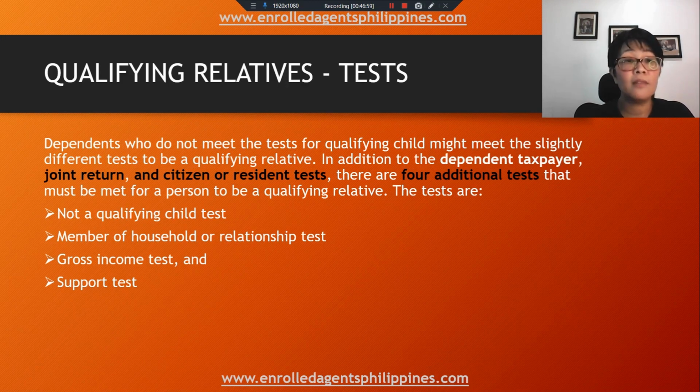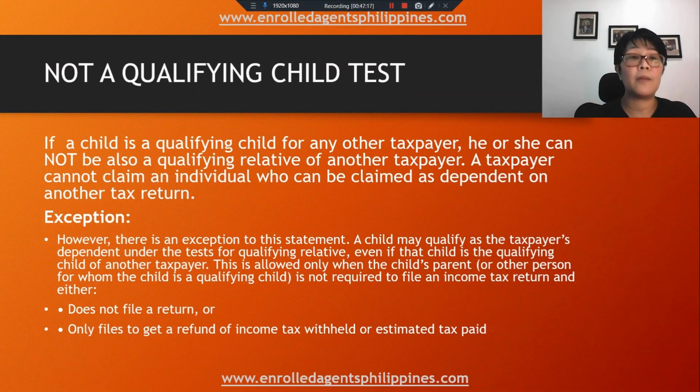So number 1, not a qualifying child test. No? So, kung pumasa siya doon, hindi siya qualifying relative. Qualifying child ang definition natin sa kanya. Okay? Member of household or relationship test, gross income test, and support test. Okay. Not a qualifying child test.